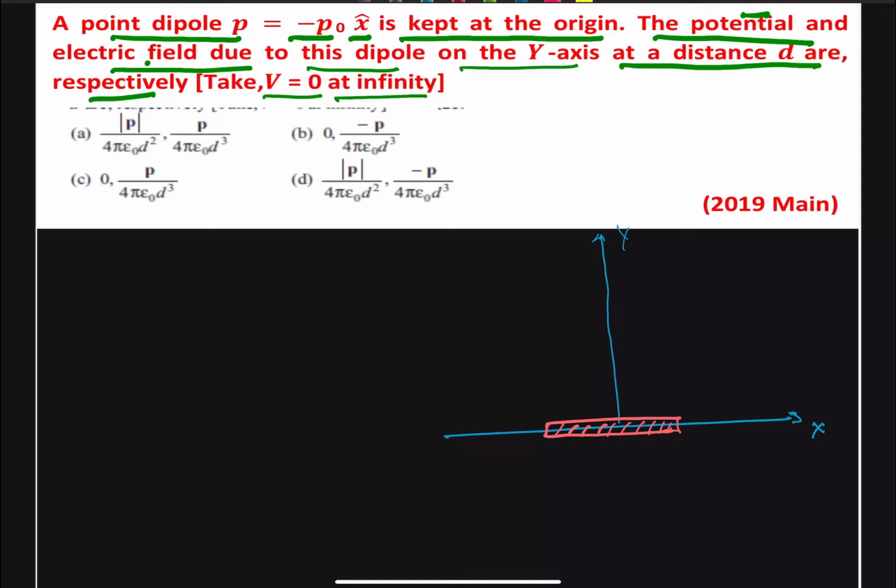and we are going to have plus q, and we are going to have this as a minus q, because the direction of the dipole is in the minus x unit direction. Okay.